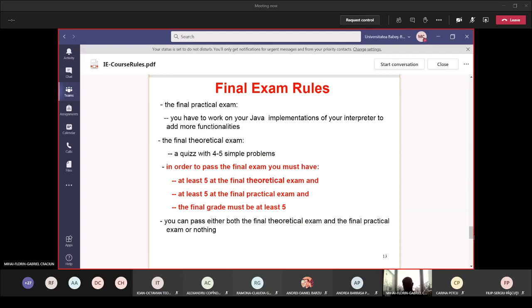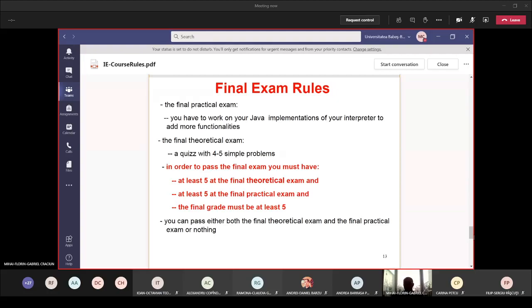And even in the next session, which in Romanian is called restanță, when you come, you have to pass both exams, theoretical and practical.